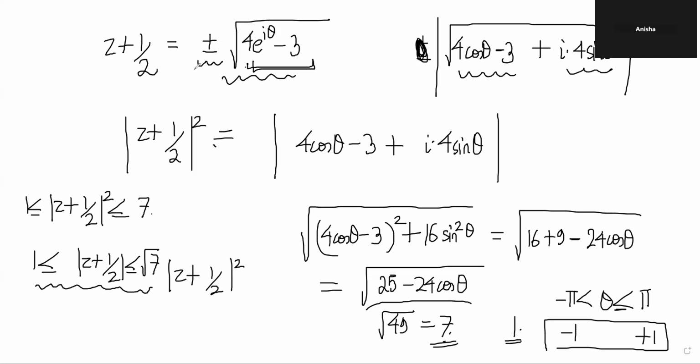Sir, I tried doing it in a different way. I used the triangle inequality on z square plus z plus 1. So mod z square plus mod of z plus 1 will be greater than or equal to mod of z square plus z plus 1. I took z square and z plus 1 as my two complex numbers for the inequality.